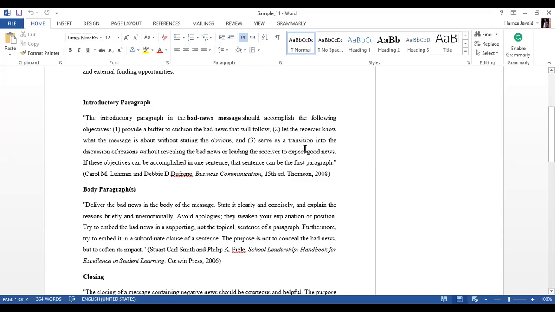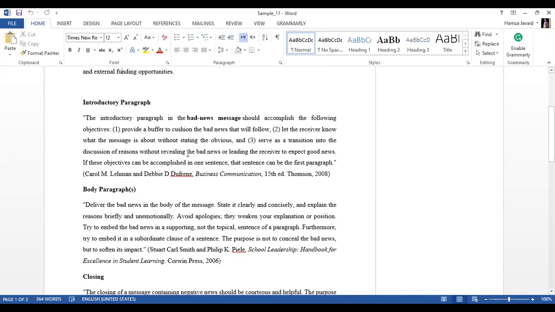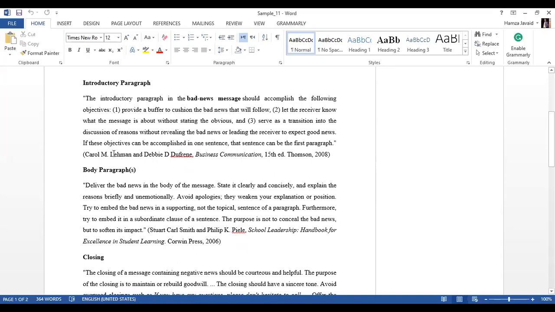Serve as a transition into the discussion of reasons without revealing the bad news or leading the receiver to expect good news. So we did not mention that good news is coming in the next line. If these objectives can be accomplished in one sentence, that sentence could be the first paragraph.